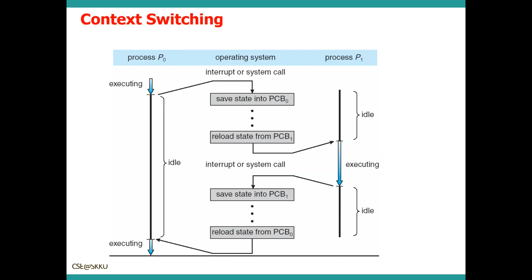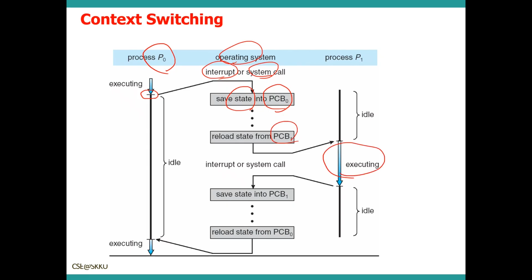This figure shows an example of context switching. Now process P0 is running. Here it can generate a system call, or there can be some hardware interrupt. Then control is gained by the operating system. So the operating system saves the state of PCB0. Then the OS can decide to execute process 1, so it reloads the state of process 1 from PCB1.